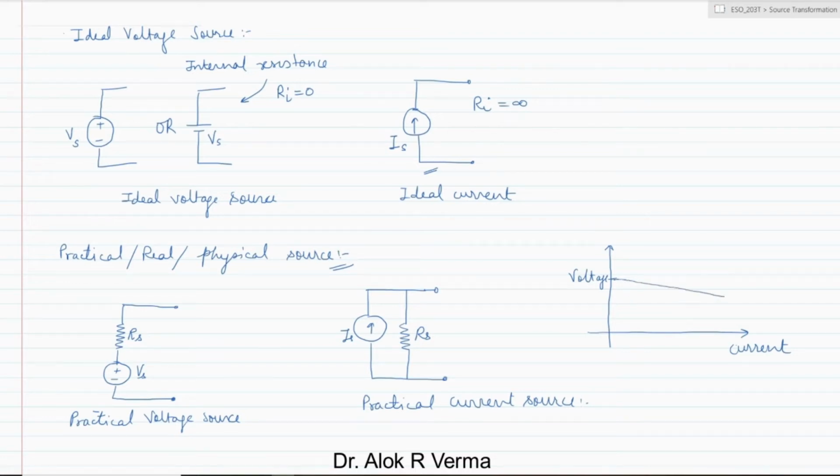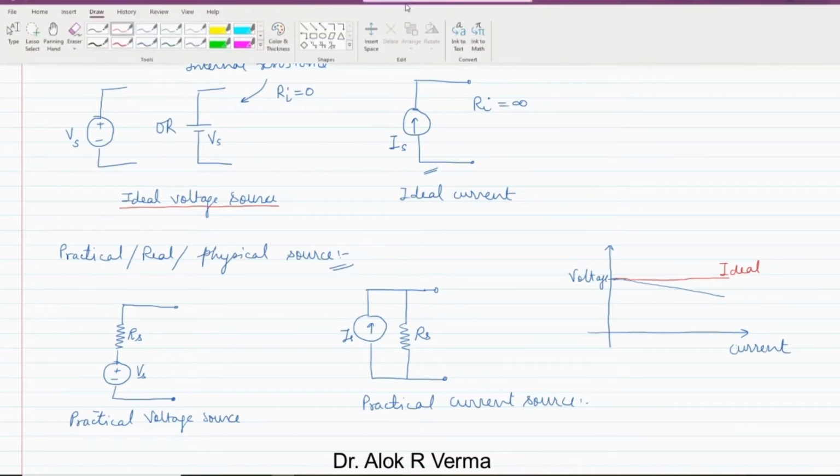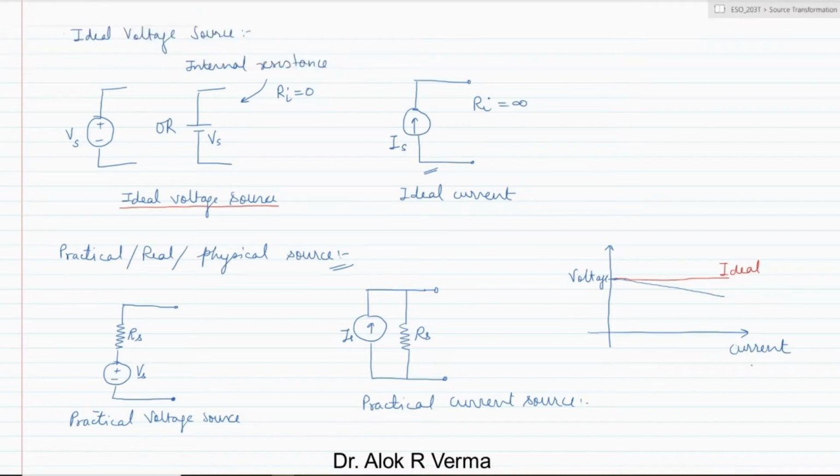I'll change the color so that you can differentiate. The red one is ideal, the ideal current source, and the blue one is the real or practical source.